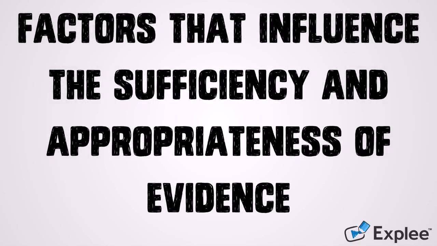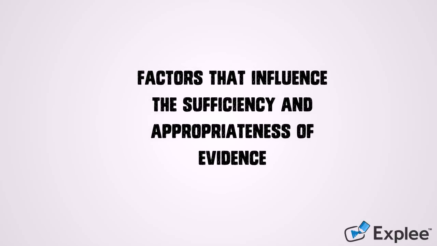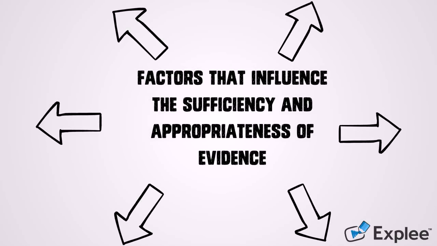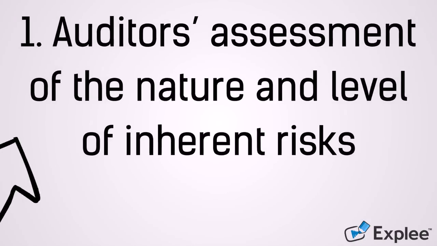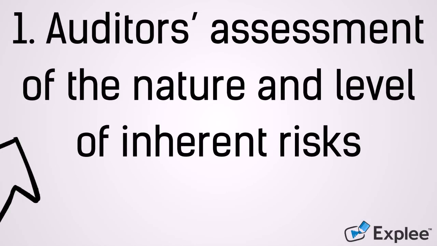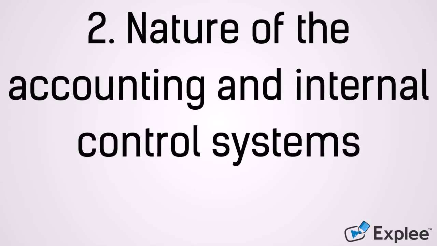Factors that influence the sufficiency and appropriateness of evidence. First is the auditor's assessment of the nature and level of inherent risks. Second is the nature of the accounting and internal control systems.